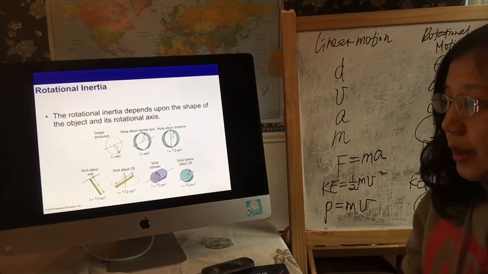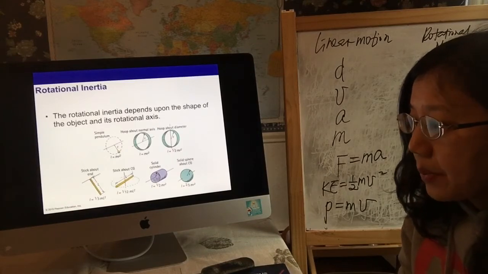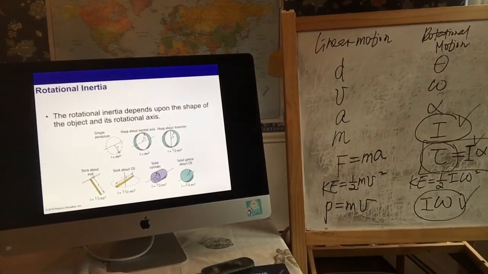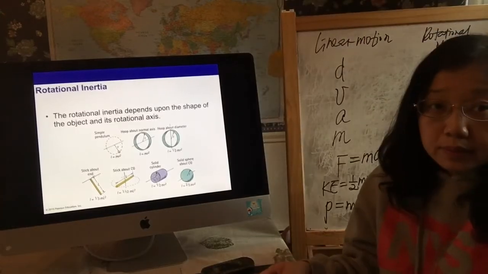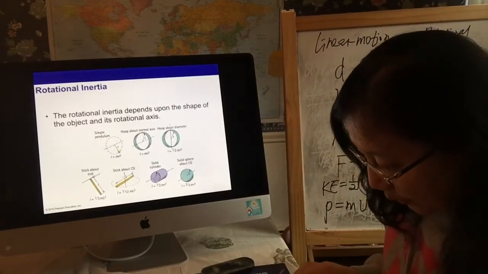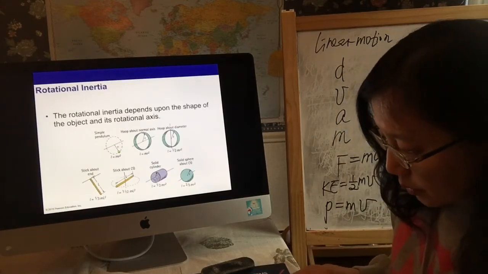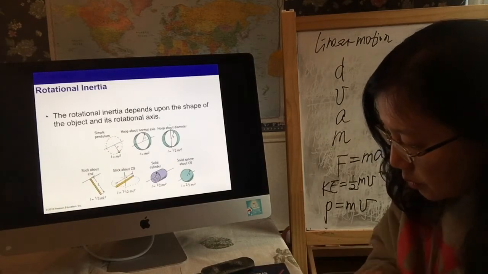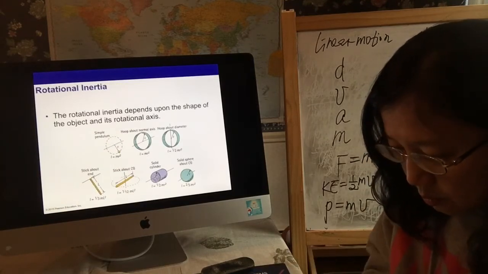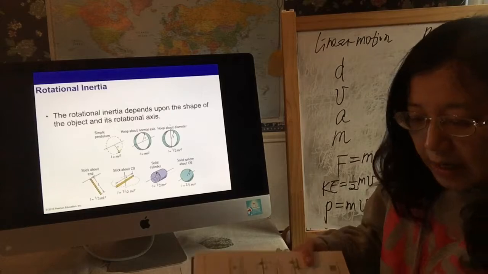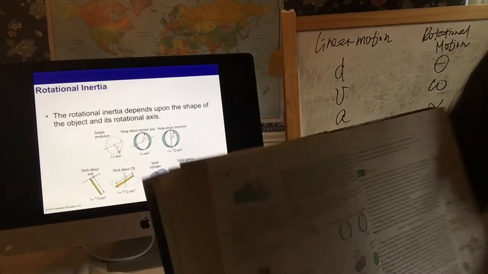There are some examples from the textbook. I'm going to ask you to take a look at page 138.